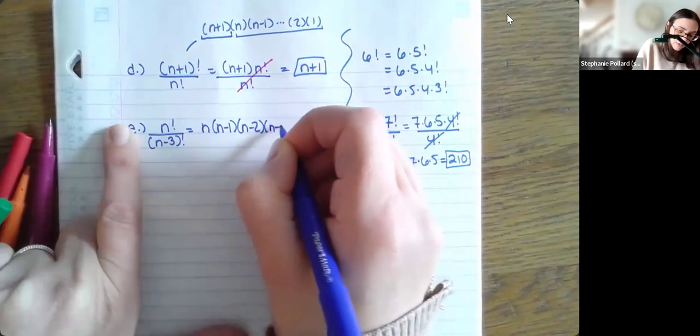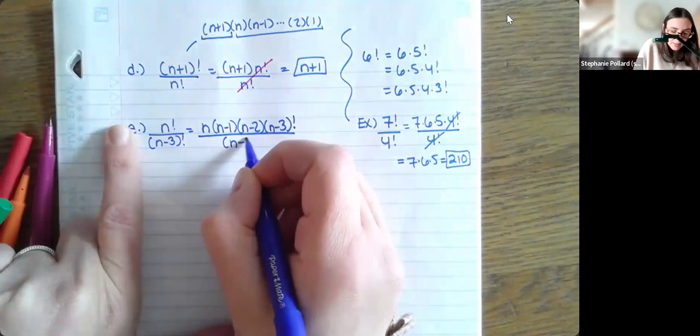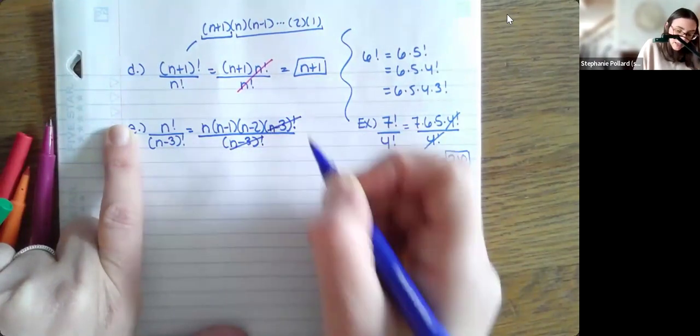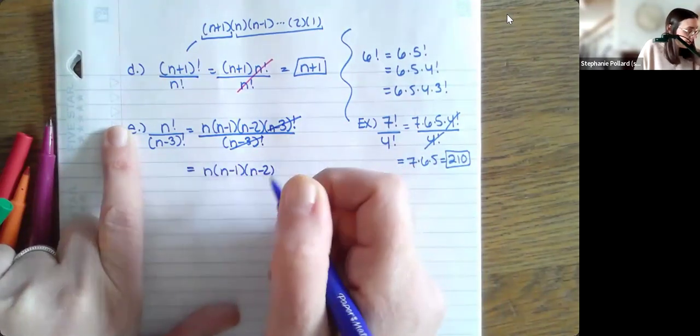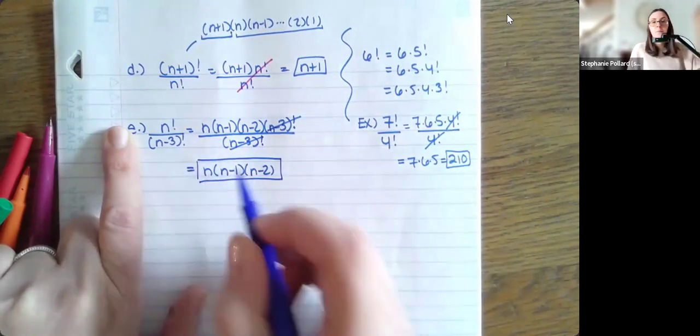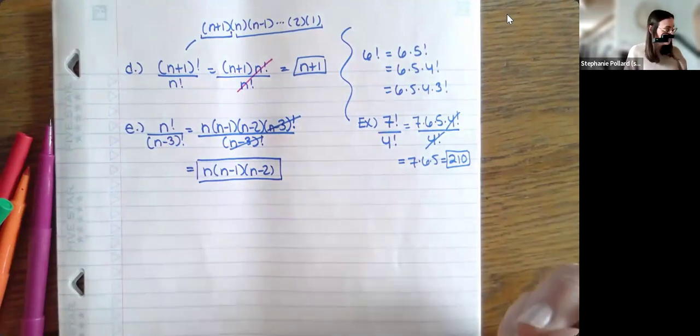Then it's n minus 3, and I'm going to stop and write the rest as a factorial because I see I have an (n minus 3) factorial in the denominator. So again, take off as many leading terms as you need in order to get something that just makes the problem a lot easier to work with. So that's some work with the factorials.